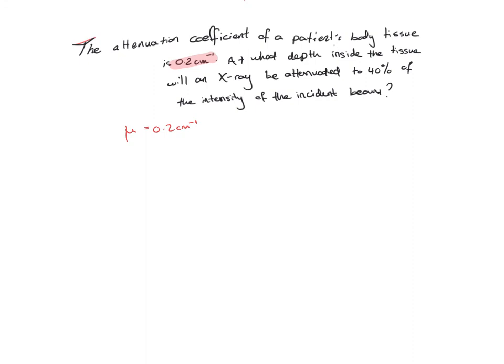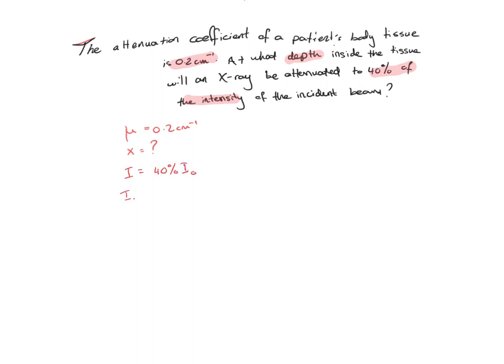It says at what depth, depth meaning x, so thickness, inside the tissue will an X-ray be attenuated to 40% of the intensity of the incident beam. So we already know that I is equal to 40% of I naught.